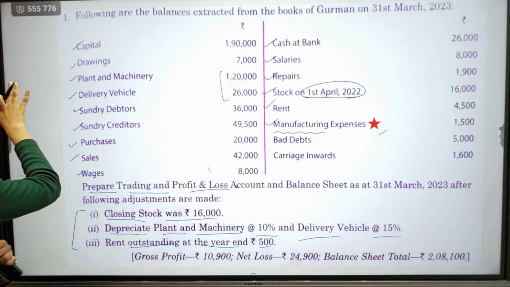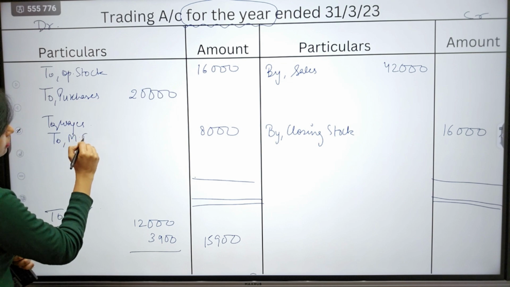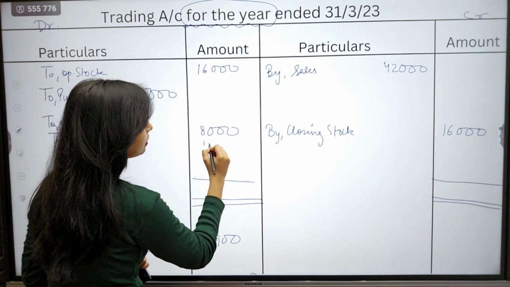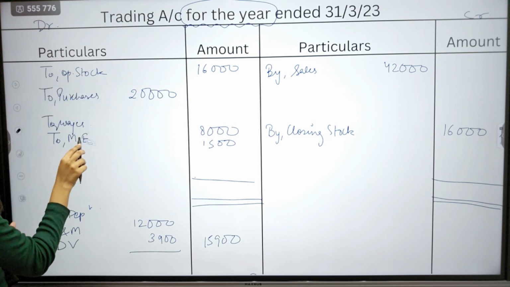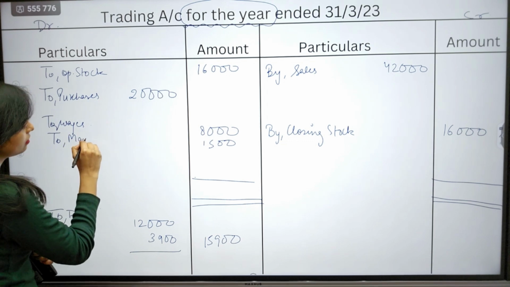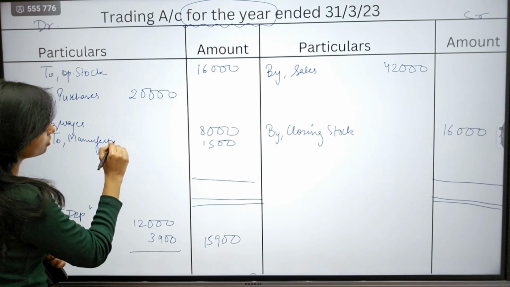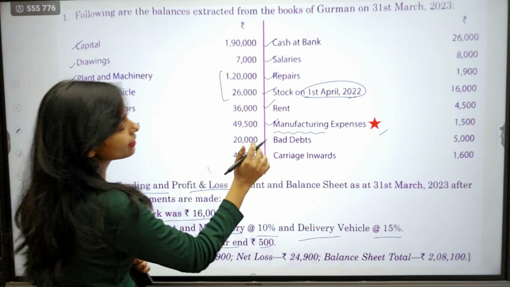So hence I'll write it in the trading account. 1,500 rupees. Let's write manufacturing expenses 1,500 rupees. I'll just write the full form only, no worries. Manufacturing expenses. Okay, let's get back here.